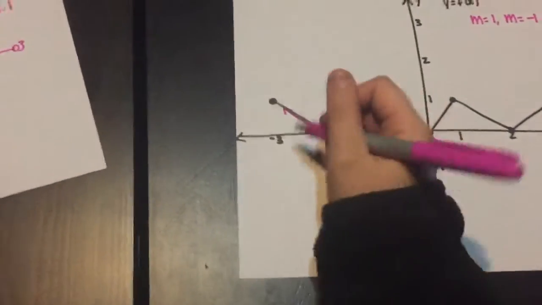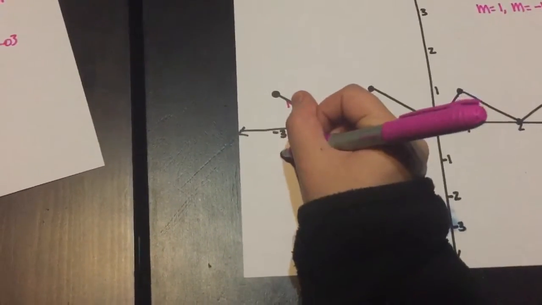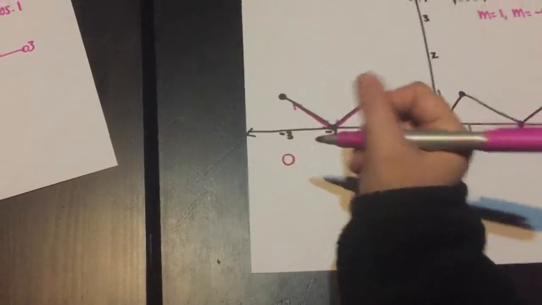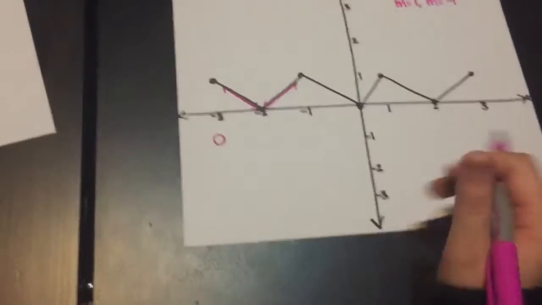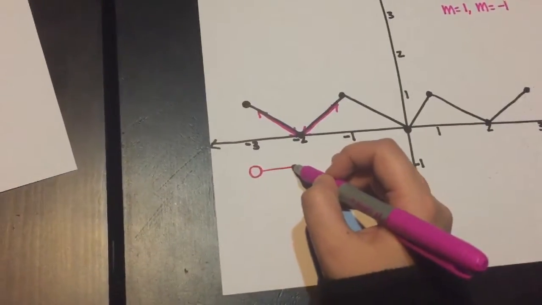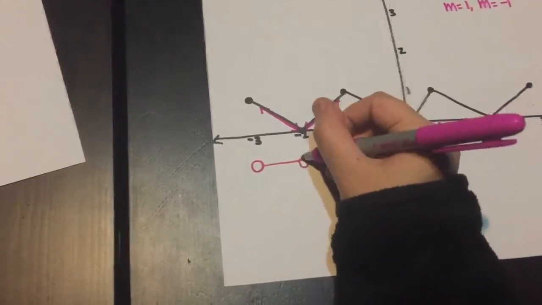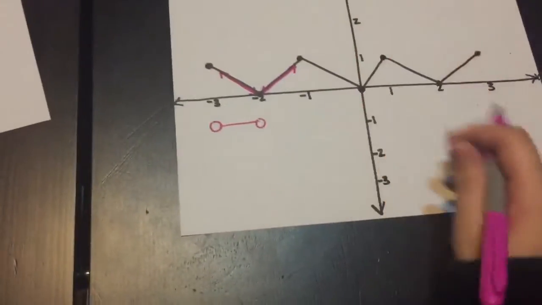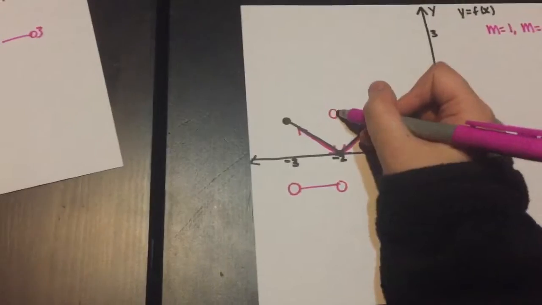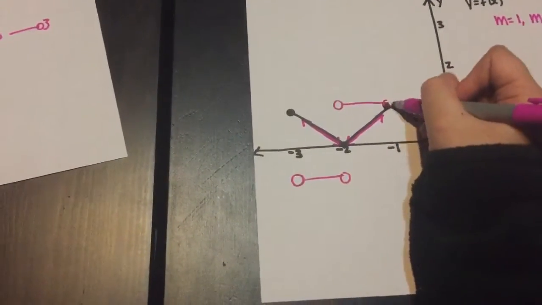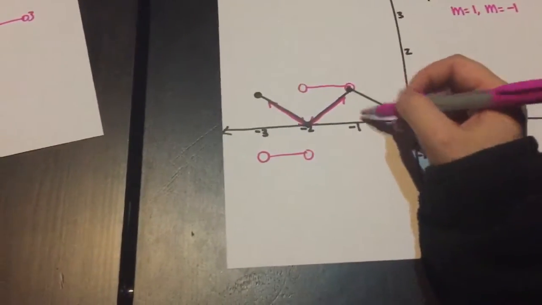So graphing it, you would put an open circle because it would not be there. It would be D&E, and then you would go all the way to -2 because it's negative, and then when it increases, it would be -2 to here, and it would go back down to decreasing.